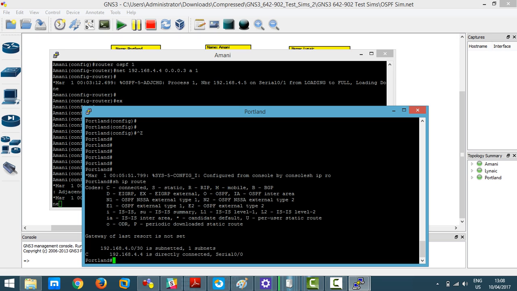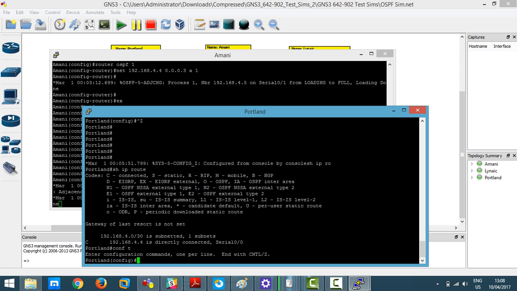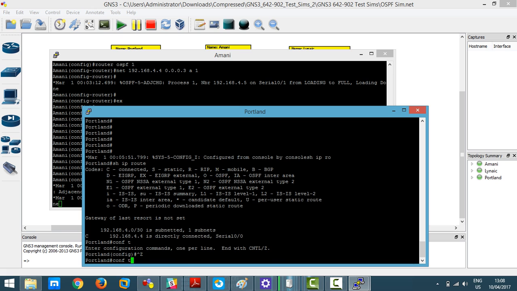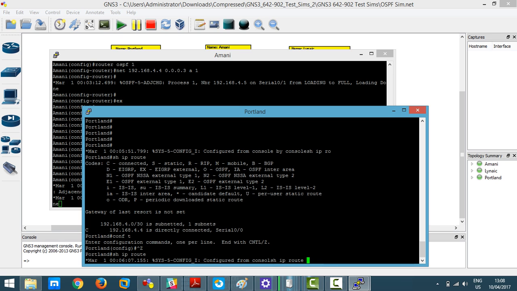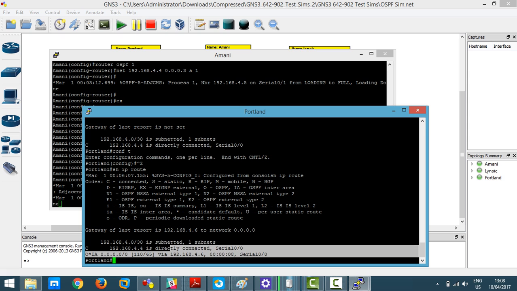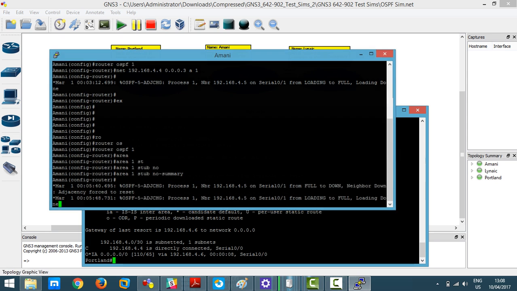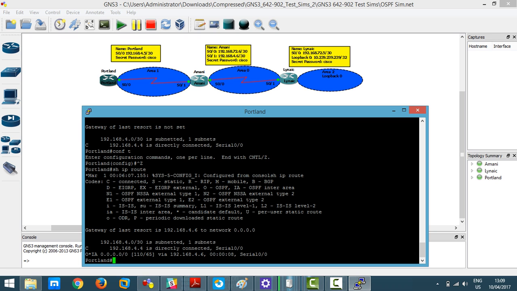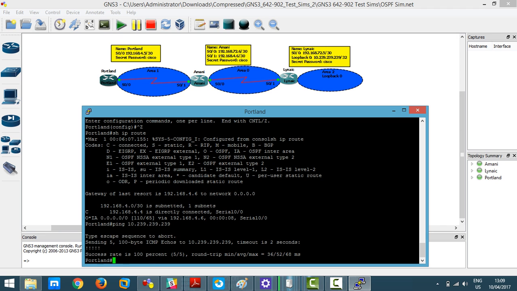It will take a few seconds, I think. Here we go. We got a summary route, and now you will still be able to ping the Linux router, 10.239.239.239. Here we go. You're still able.